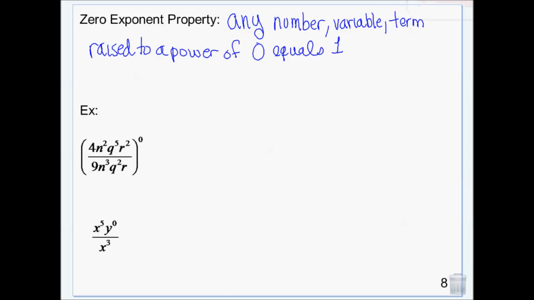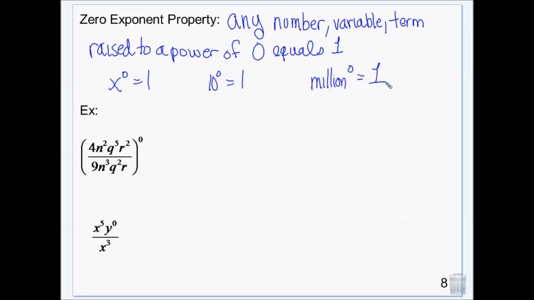Anything at all raised to the power of 0 equals 1. So if I say x to the 0, that equals 1. 10 to the 0 equals 1. 1,000,000 to the 0 equals 1. Because normally they wouldn't put up the 0 when they just put up the exponent. So anything to the power of 0 goes.